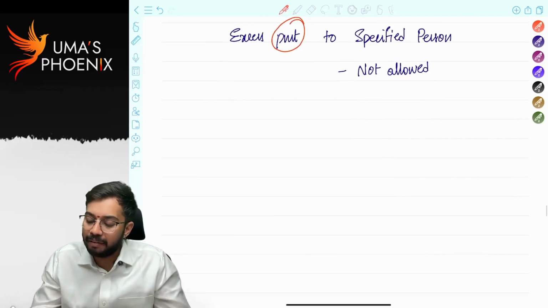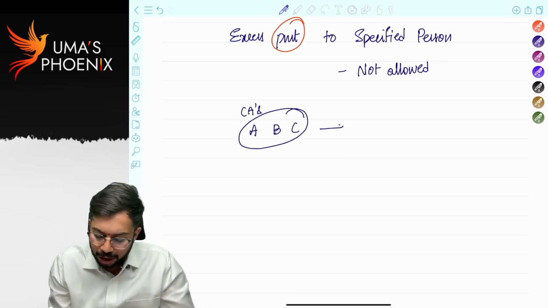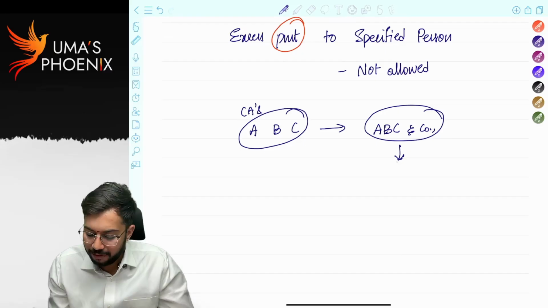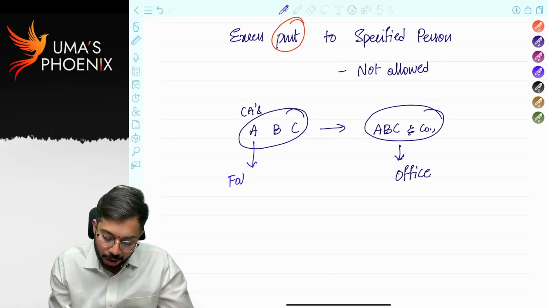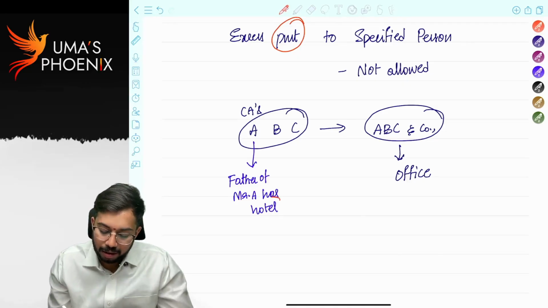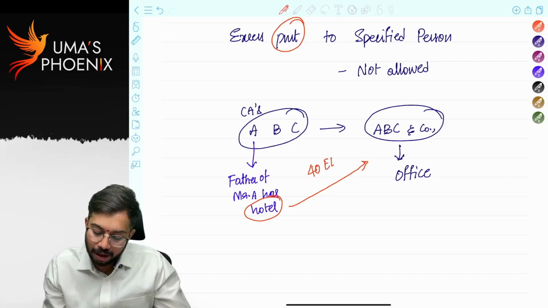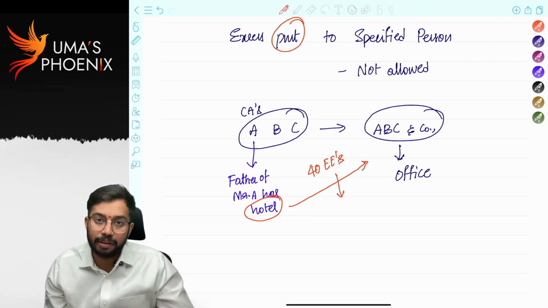Next. For example, I will tell one small example. A, B, C. These three are chartered accountants. All of these three together formed a partnership firm, A, B, C and Co. So they have started a very big office. Father of Mr. A has a hotel. So every day from the hotel, lunch will be served to 40 employees in the CA office. Generally, meal cost is 120 rupees.